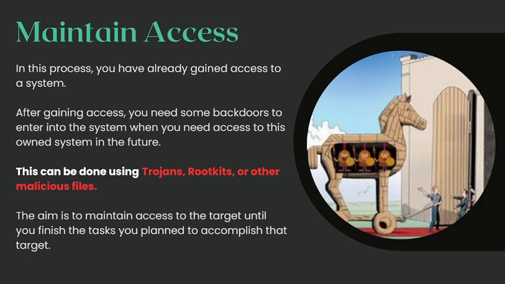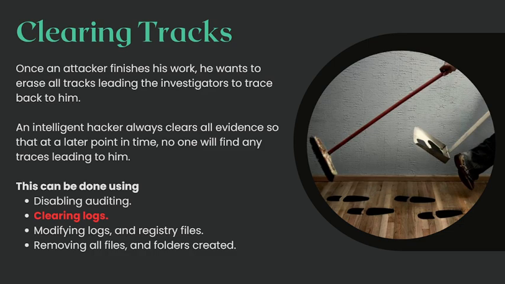Once we have accomplished our objectives and whatever task we had set, the last phase is basically clearing our tracks. Once we have accomplished different tasks such as extracting data or deleting some files or whatever we were tasked to do, we should make sure that there are no traces left that we were on the system, so that the investigators cannot track us.